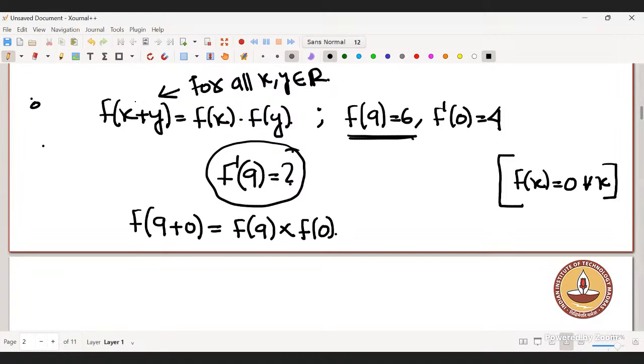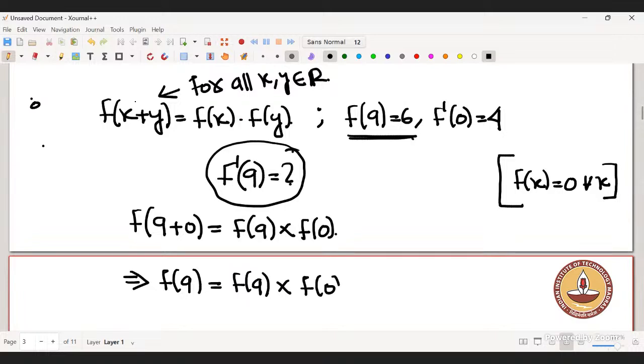That means f of 9 is f of 9 times f of 0, so this is 6, and this is also 6.